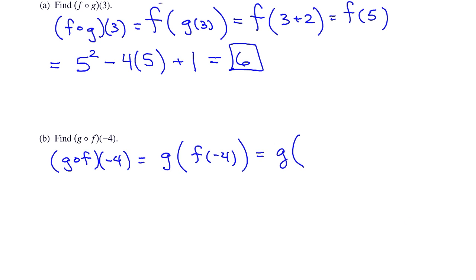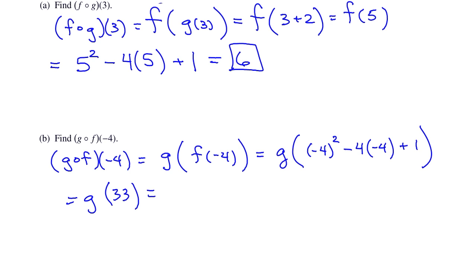So that would be negative 4 squared minus 4 times negative 4 plus 1. If you work that out, you get 33. So then g of 33, you take 33 and you put that into the g function. The g function is x plus 2, so that's 33 plus 2, 35.